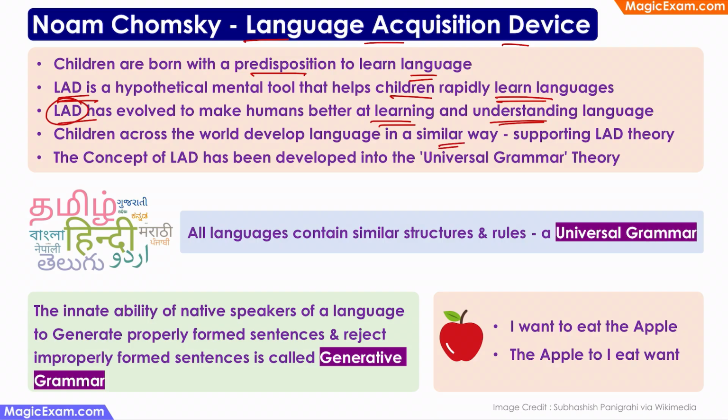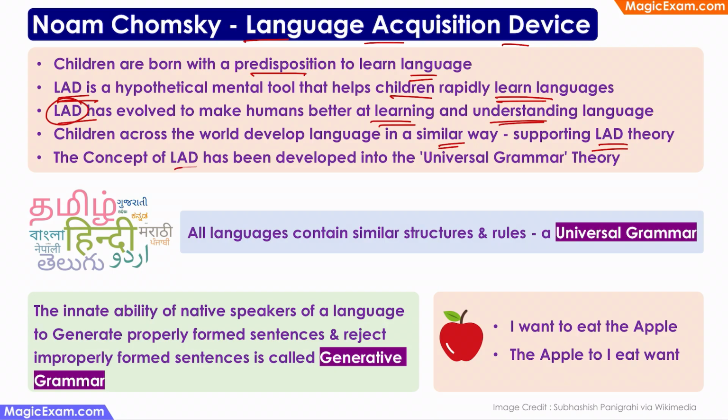That is, if you look at children across India, where so many different languages are used, or children in Europe, where again many different languages are used, irrespective of the language, children seem to develop language in a similar way, which seems to say that this language acquisition device is a part of the human brain. So irrespective of which language is being used or where the children are across the world, they seem to learn and develop languages in a similar way.